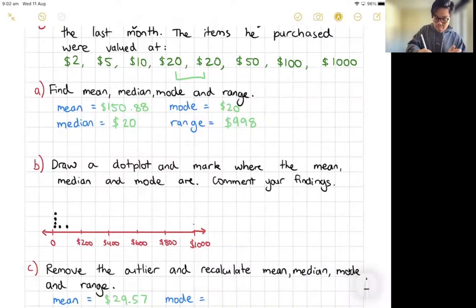And then 1,000, I have 1 score all the way here. So I've placed a dot to represent each of my scores. If they line up on top of each other, you can stack them up. But if not, you can just put them all like this.